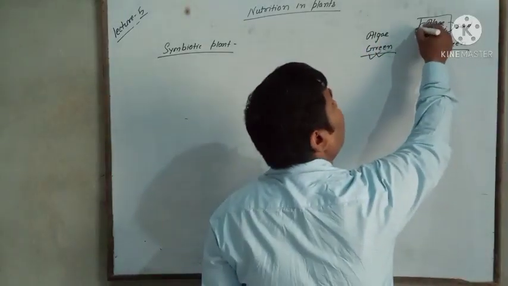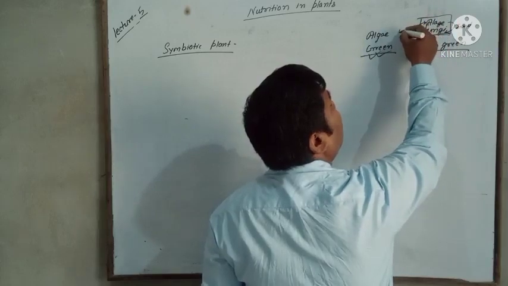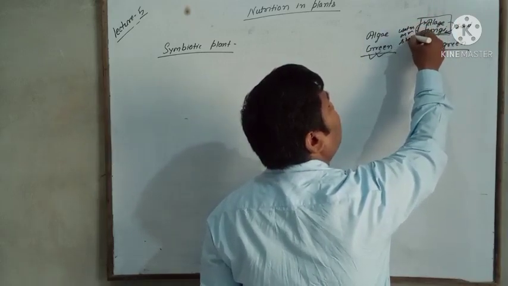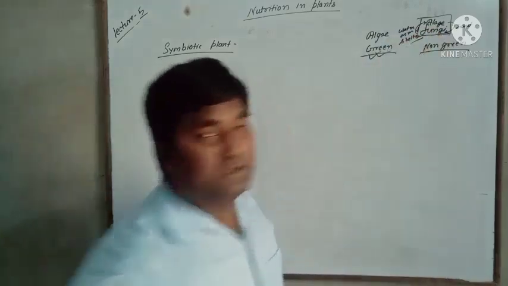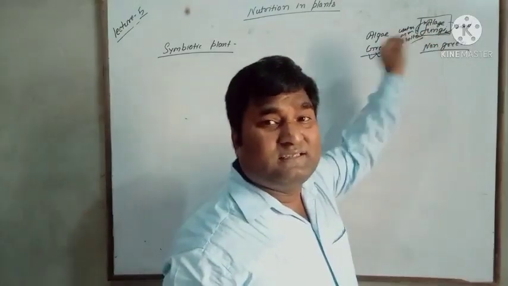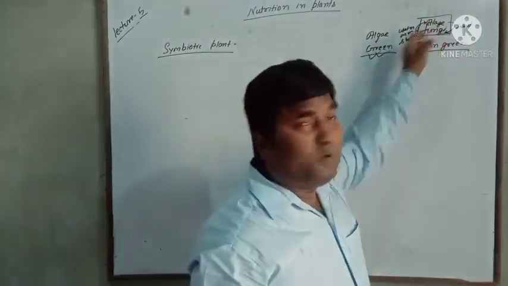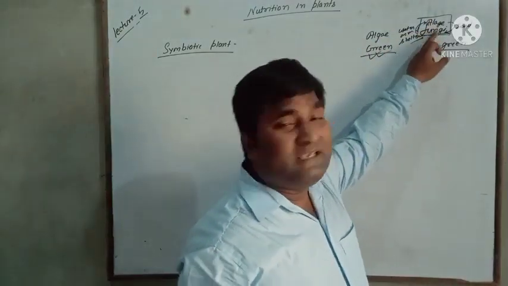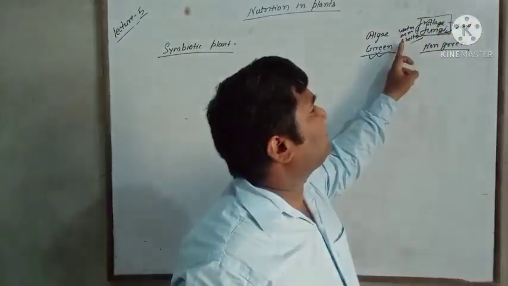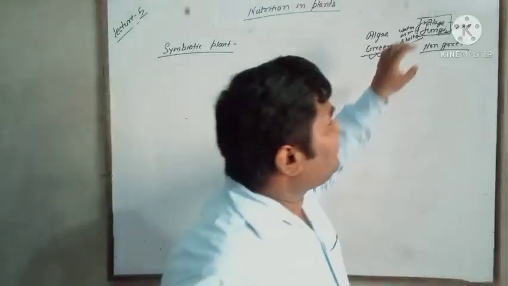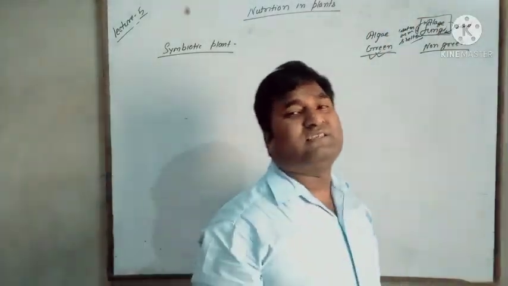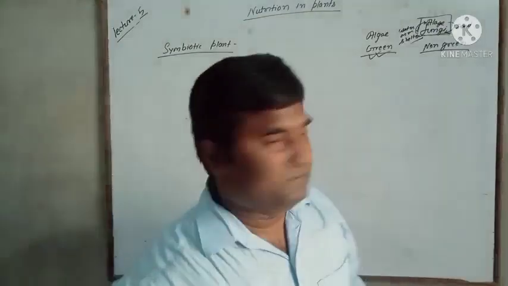So fungi will provide algae water, minerals and shelter. So in this association, both are benefited. Fungi is getting food and algae is getting water, minerals and shelter. Such a relation is called symbiotic association or symbiotic relationship.